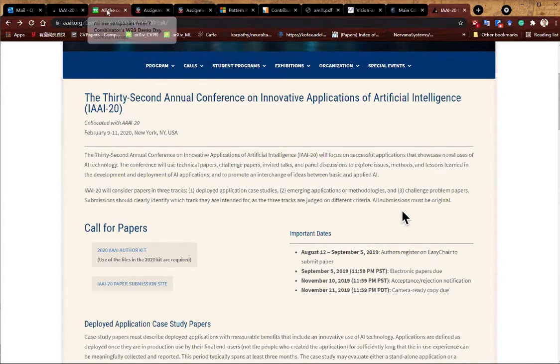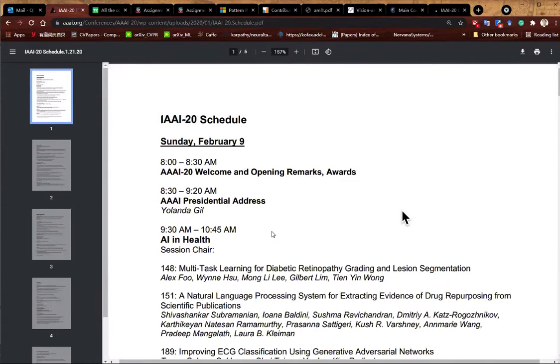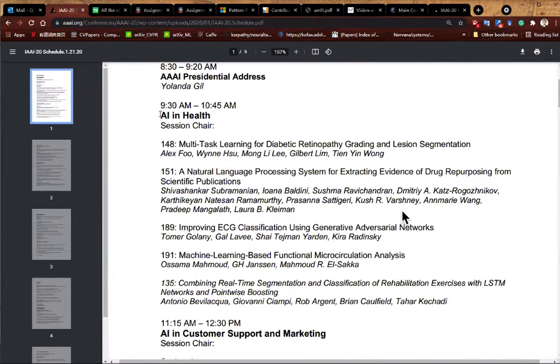And if you check the paper titles, you can see AI in health, like multitask learning. Multitask learning is a kind of machine learning algorithm, right? Multitask learning for diabetic retinopathy grading and lesion segmentation. That's the application, and this is the method, right? A natural language processing system for extracting evidence of drug repurposing from scientific publications.